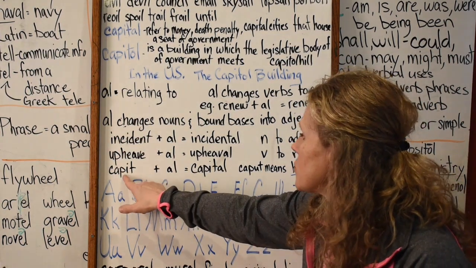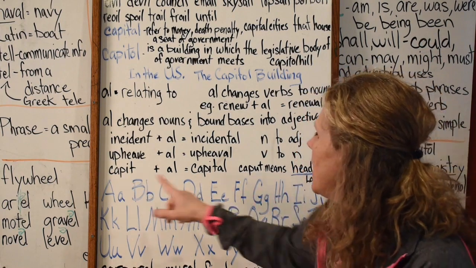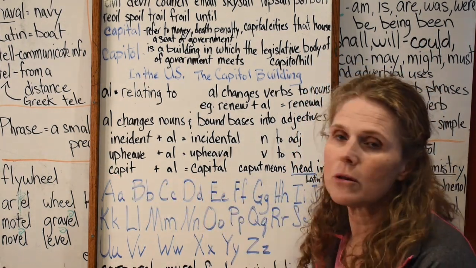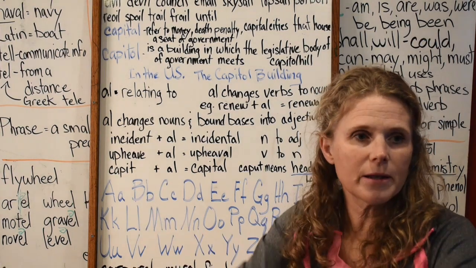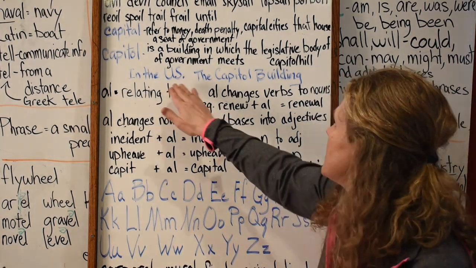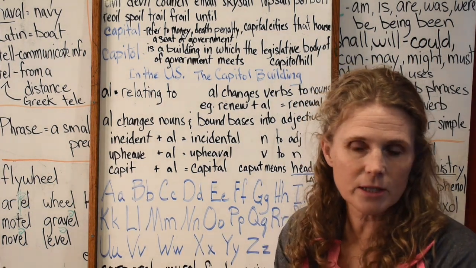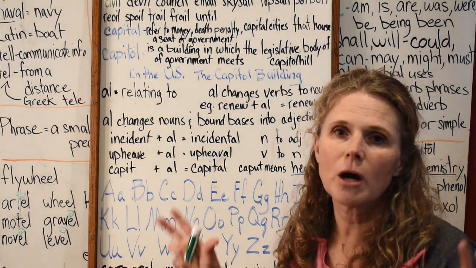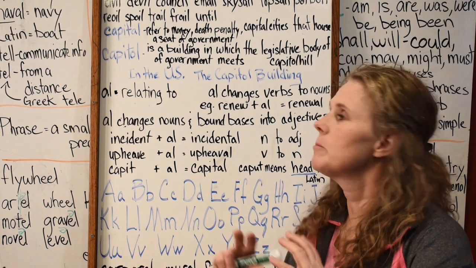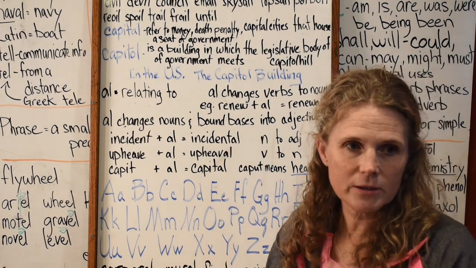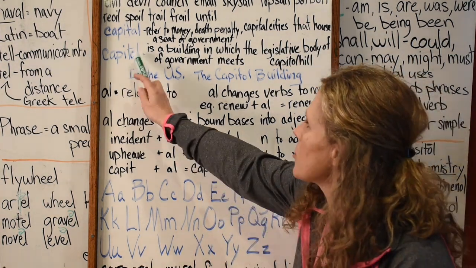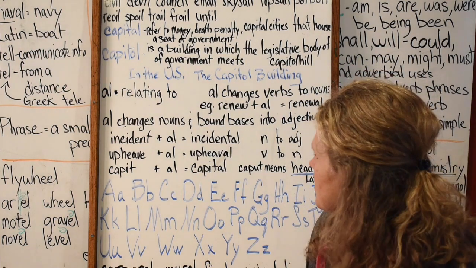But it has a Latin root that means head. And so if you think about the capital, it's the head of the state. The Capitol building is the head of the United States. That's where everybody goes to govern the United States. That's where people go to govern their state, is at their Capitol building, right?